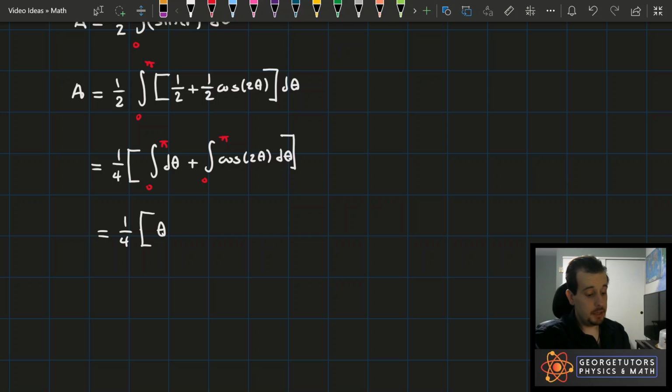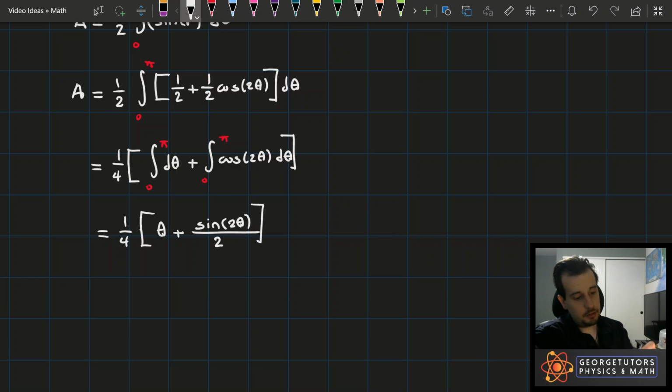If we think about the antiderivative, it must have come from a sine 2 theta. But if you differentiate sine 2 theta, you would get a factor of 2 sitting outside. So we want to divide this by 2 to make sure that doesn't happen. And if you take the derivative of this now, quite obviously you're going to get that. So we're good to go.